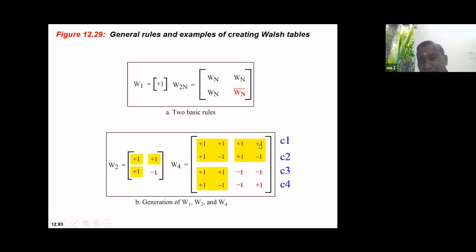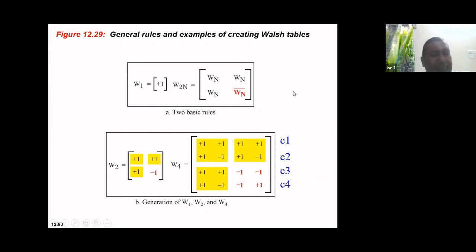Wherever +1 is there, reverse it: -1, -1, -1, this becomes +1. So now for 4 stations the chip codes are +1 +1 +1 +1 for C1, +1 -1 +1 -1 for C2, +1 +1 -1 -1 for C3, and +1 -1 -1 +1 for C4. This is how I have designed the chip code.